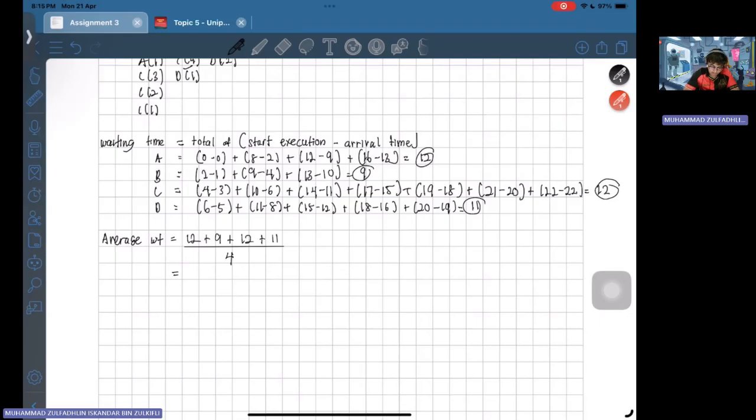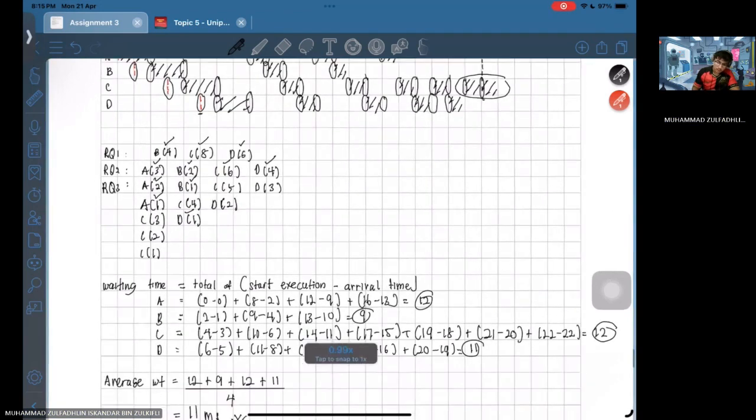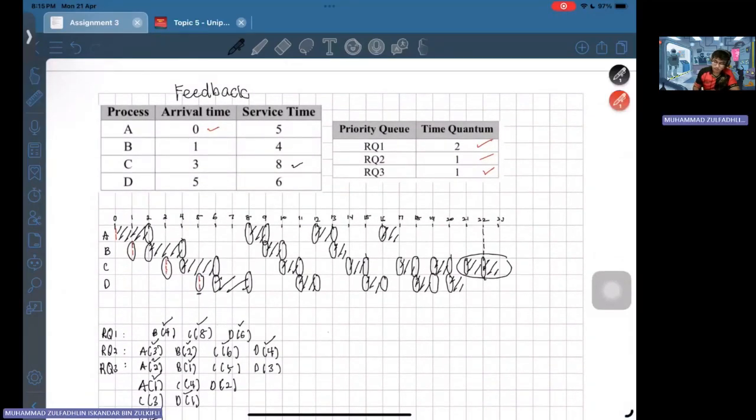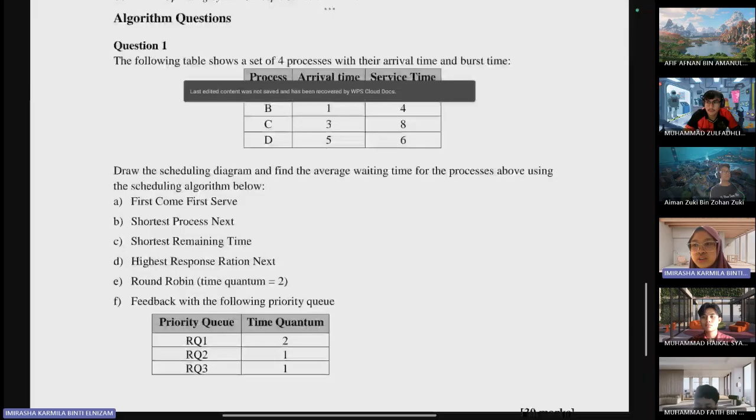So the average waiting time is 11 milliseconds. So this is the average waiting time, and this is the scheduling diagram. So that's all from us, Group 10. Thank you.